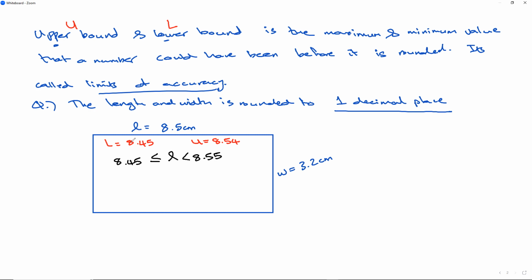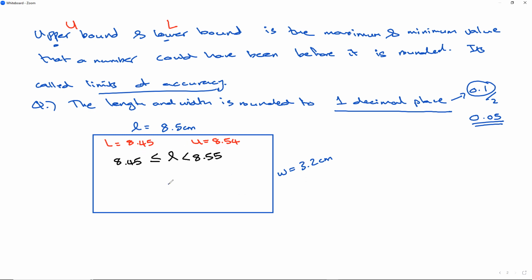Now, there's a certain method you can see in creating this as well. If you take one decimal place, which is the same as 0.1, and you divide it by 2, it'll become 0.05. And if you take 0.05 and you subtract it from this number, it would become 8.45. And if you add it to this number, it would become 8.55.